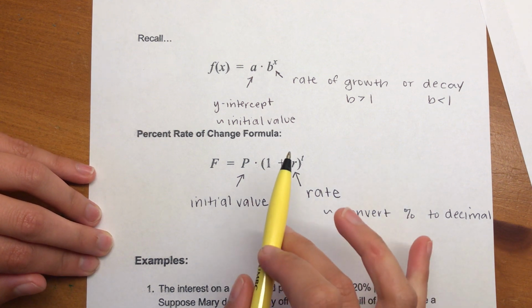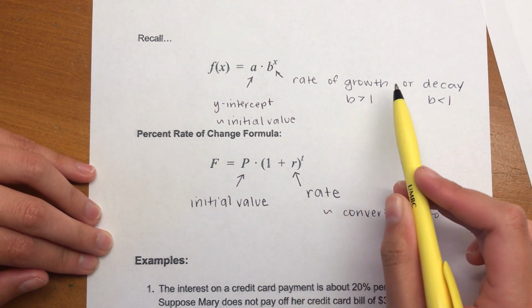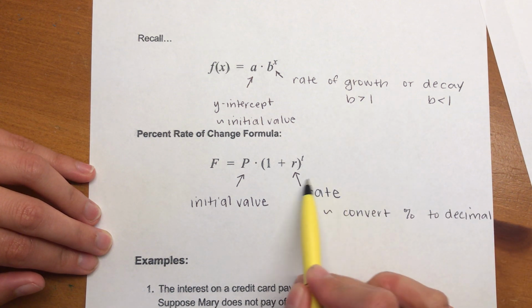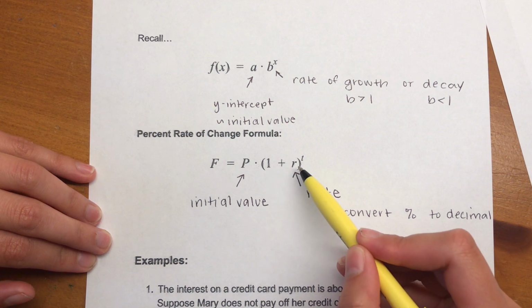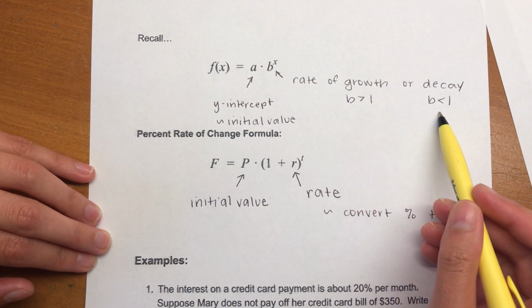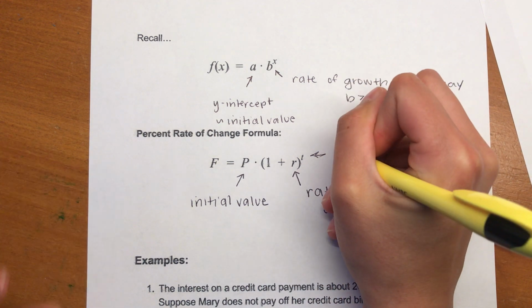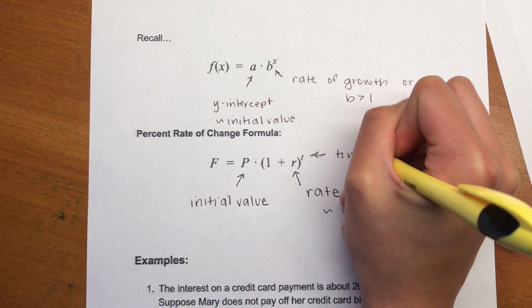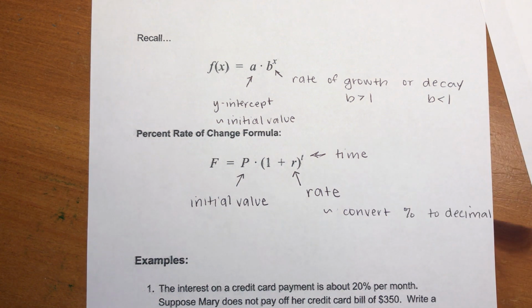So then 1 plus a rate, if our rate is positive, we'll have growth, and if our rate is negative, then we'll have decay, right? Because 1 minus some kind of rate would be a number less than 1. Okay, now t, our input value, is just going to be time. So our time could be hours, months, years, whatever.